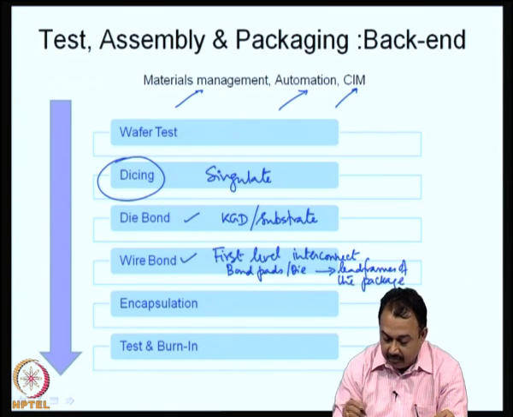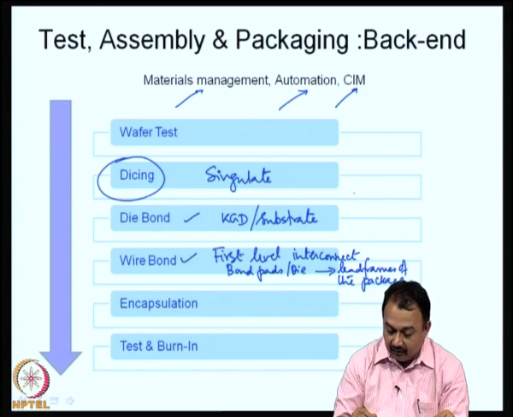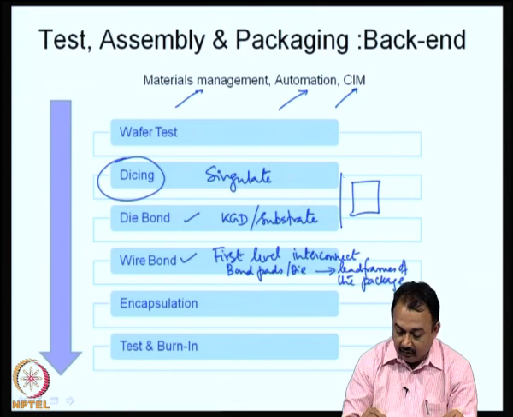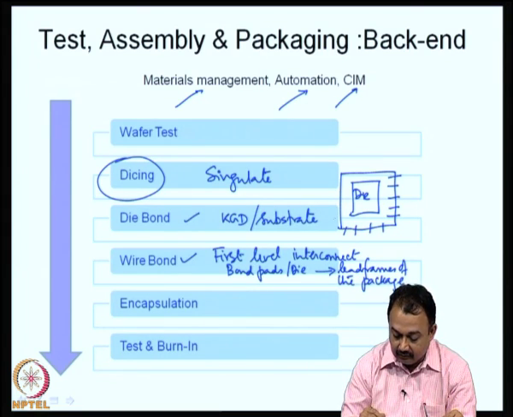So, this is a very important step where, for example, if I can draw a die here and I am going to draw a substrate on which the die is mounted, and these substrates have got lead frames across. Now, there are bond pads on the die. From here we are going to establish a connection.